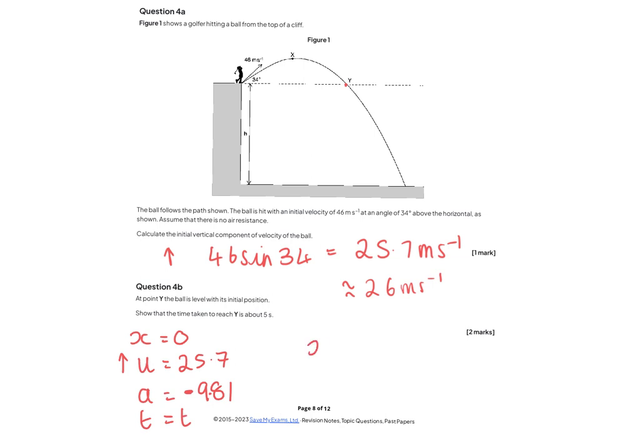So the equation we're going to use, x equals ut plus half at squared. And we're going to write in all of our numbers. So this time our x is equal to 0. We are going to have 25.7 times t plus half times negative 9.81 times t squared.